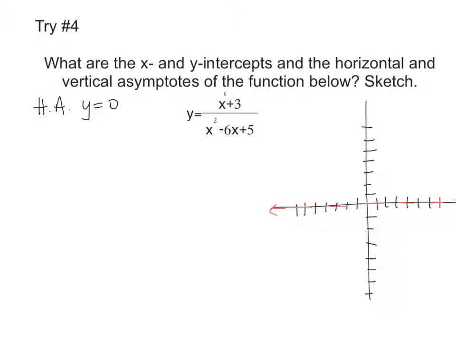All right, then for the vertical asymptote, we would need to factor. The numerator is x plus 3. For the denominator, the factors of 5 that give you -6 should be -1 and -5.